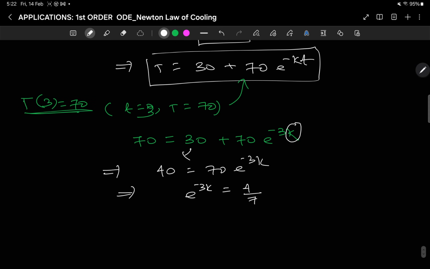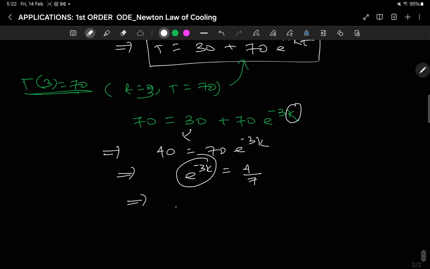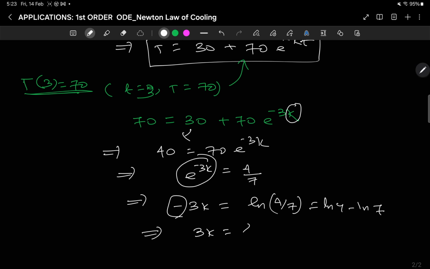Okay. So now, removing this exponential, we take the log on both sides. So minus 3k is equal to ln 4/7. Okay, so this is ln 4 minus ln 7. So removing the negative sign, 3k is equal to ln 7 minus ln 4. So this implies k is equal to, if you simplify it, 0.1862.